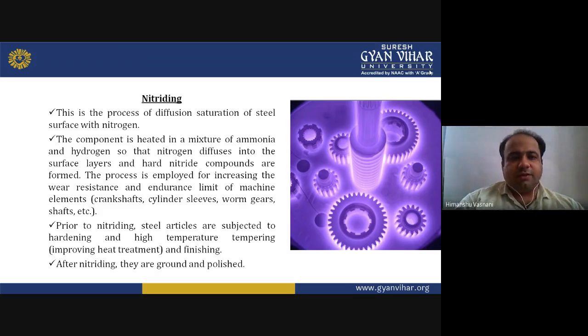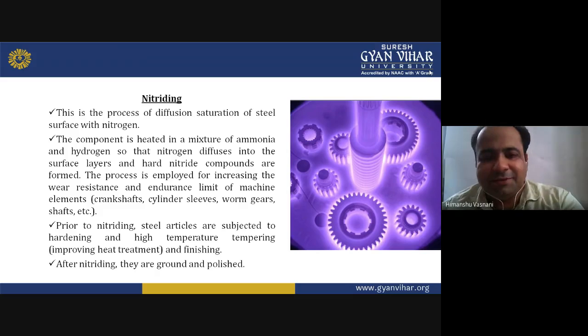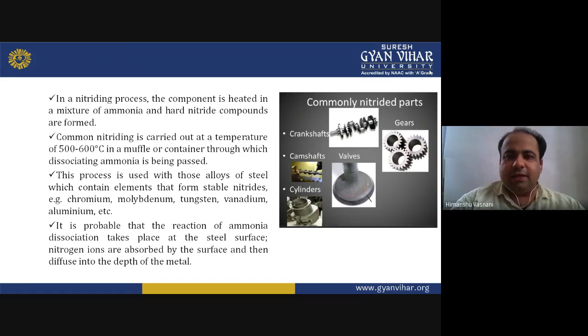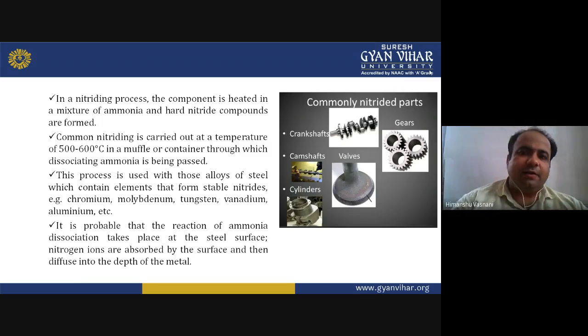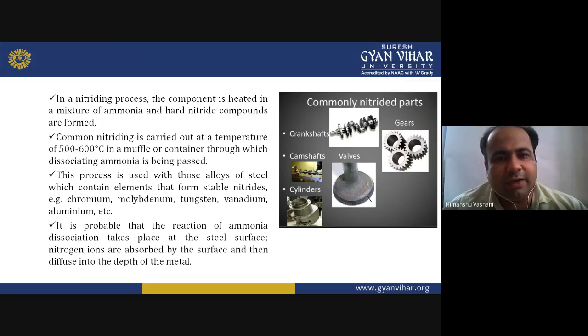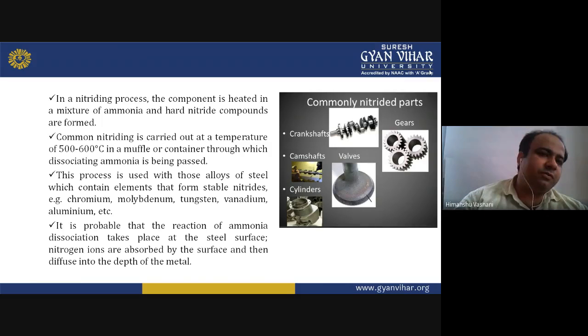So you can understand the variety of heat treatment in the engineering industries. You can see in the figure on the side the commonly nitrided parts that I have shown you. In the nitriding process, the component is heated in a mixture of ammonia and hard nitride compounds are formed.